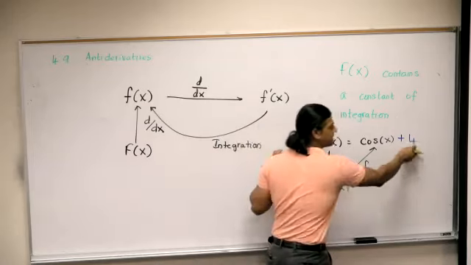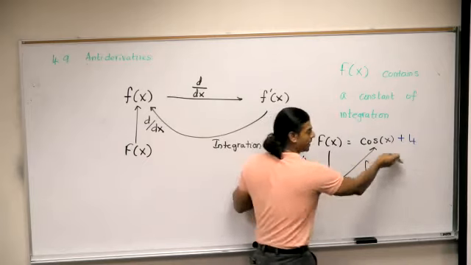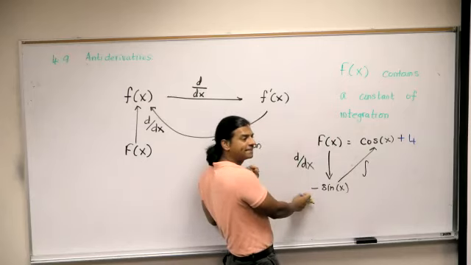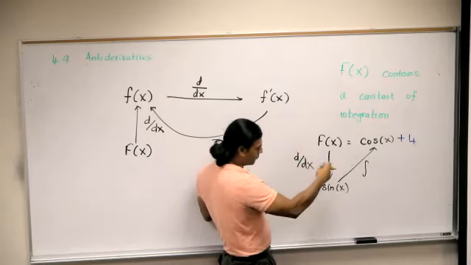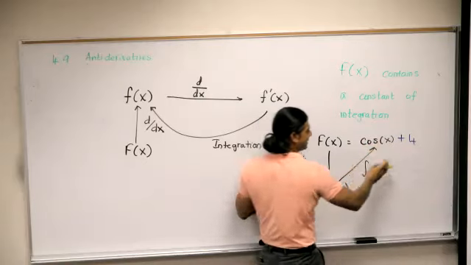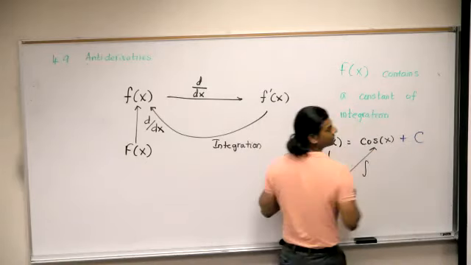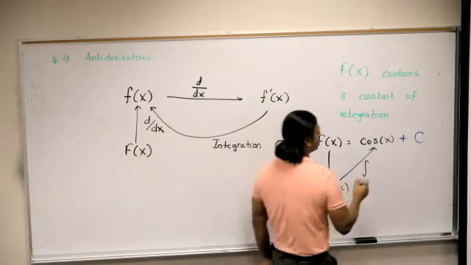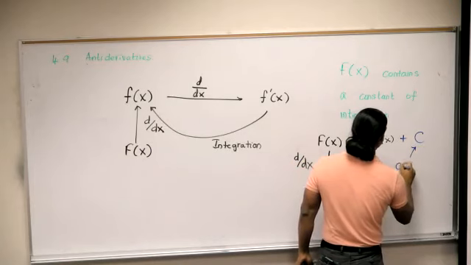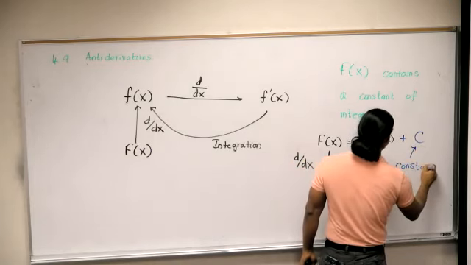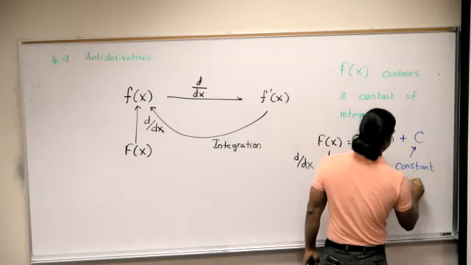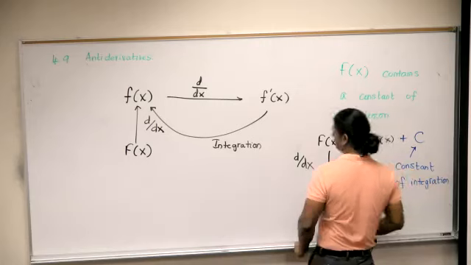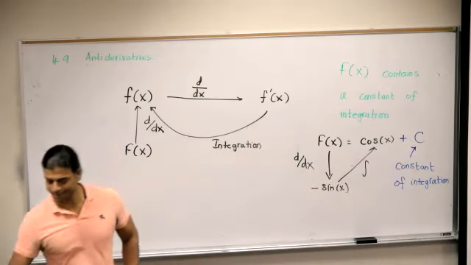I could have plus 4, plus 10, plus 15, plus 1,000, all of them would give you the exact same answer. Which is why, when we integrate, we throw in a constant c, that is what we call the constant of integration.